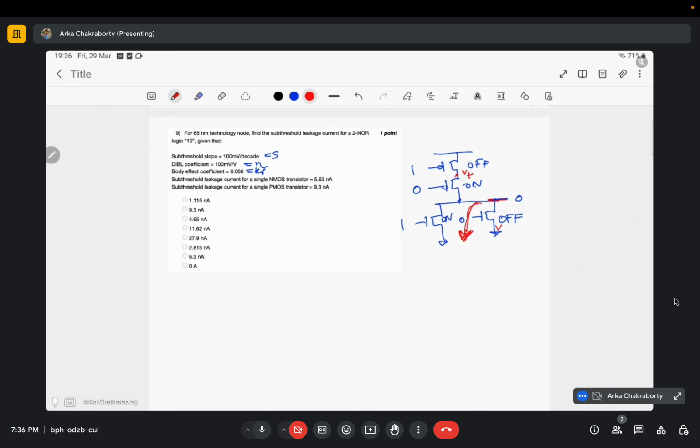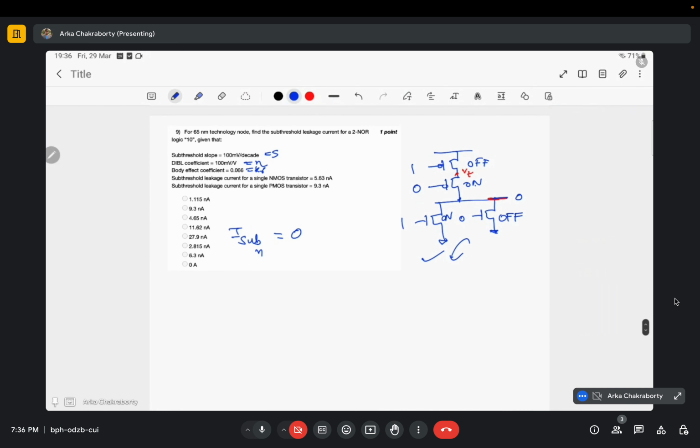Also VDS is 0, so from here also you can see VD is 0, VS is 0, so my NMOS subthreshold current would be 0. VDS is 0 basically, and even this one is on, so any current will only discharge it. No question of the subthreshold region of this off transistor coming into the picture.